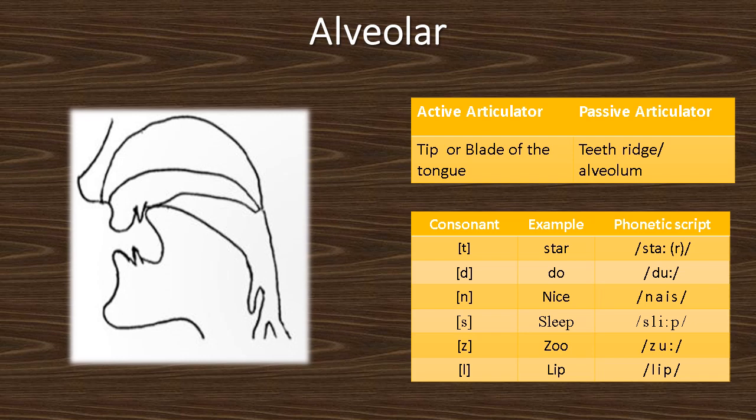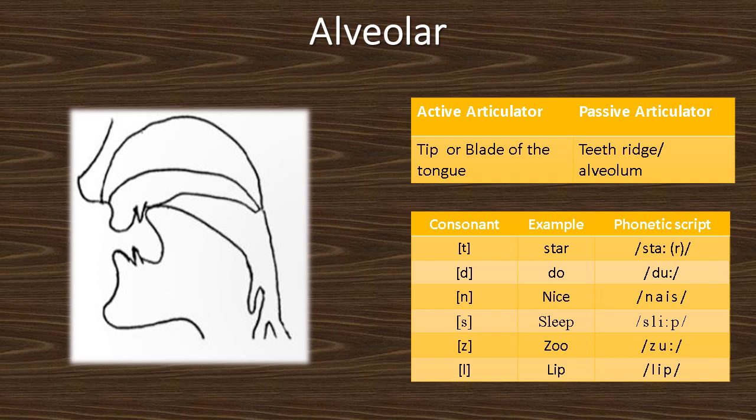alveolar consonants. The active articulator, the tip or blade of the tongue, raises towards the passive articulator, the teeth ridge. There are 6 consonants in the English language which are articulated with the tip or blade of the tongue.